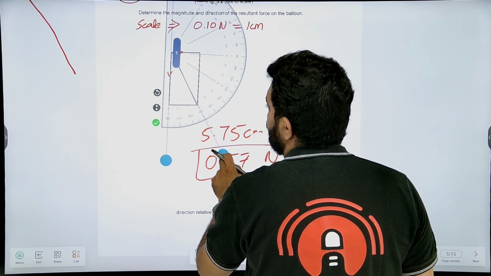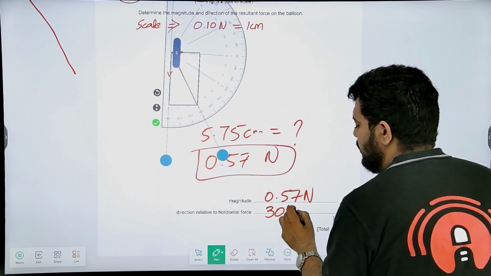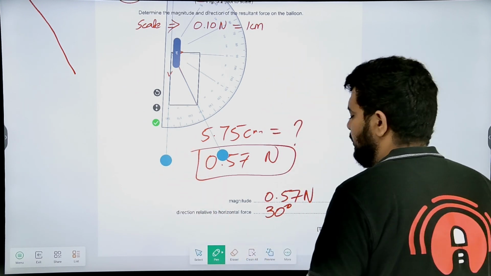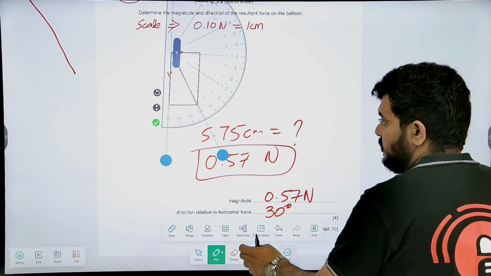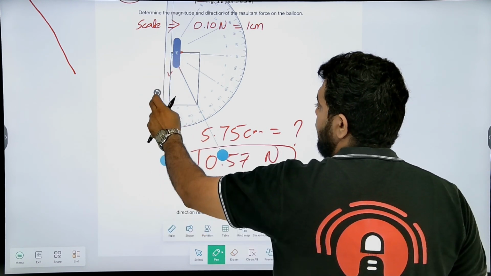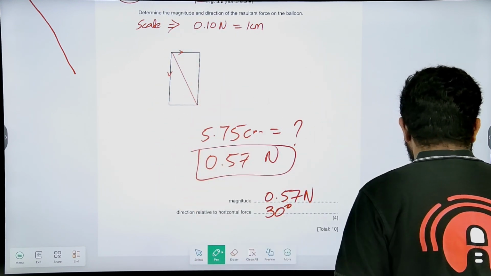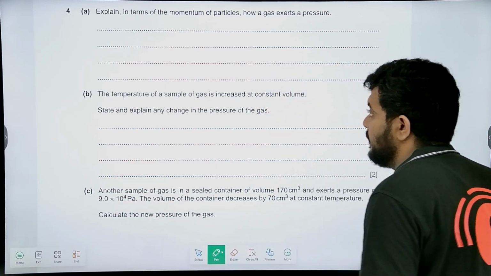Resultant to horizontal, correct? 30° nearly. So I will write 30° as my answer. If you draw it more accurately, you can find that it might be 30 or 31. But yes, this is the answer, right? I hope you got it, how to draw this parallelogram, or rectangle in our case, right?